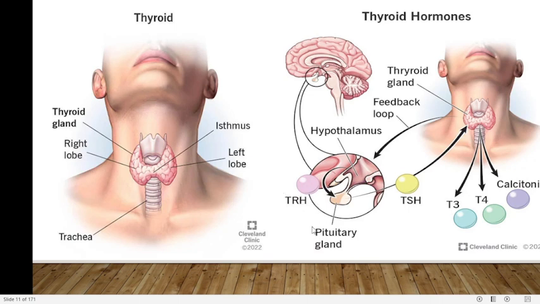TRH stimulates the pituitary gland to release TSH. And which part of the gland? Anterior pituitary gland, that is adenohypophysis. Great, guys. T4 and T3 are commonly referred to as the metabolic hormones.